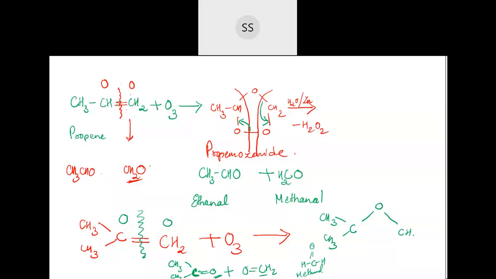In the presence of water, H2O and zinc, it breaks down. You should break it here. So this will come with double bond oxygen. This will come with double bond. Yeah, understood now? Did everyone understand how to do ozonolysis and how to write the product?